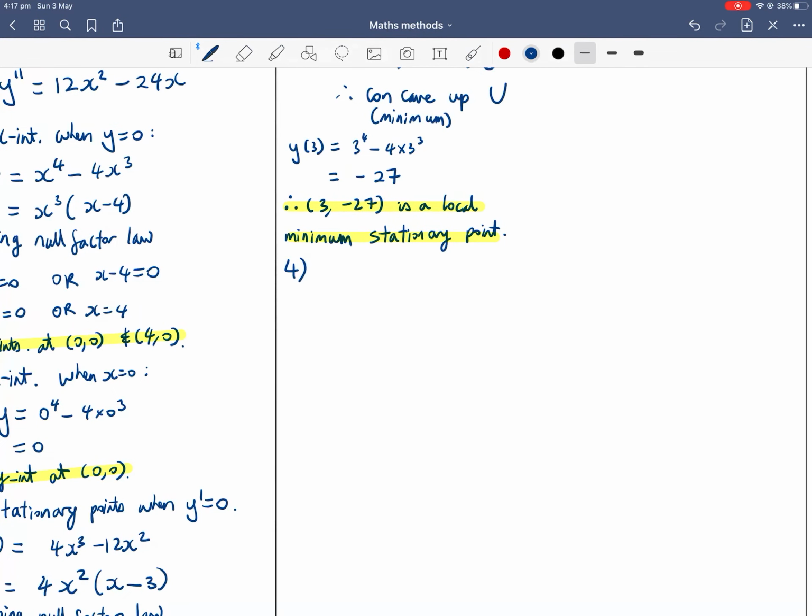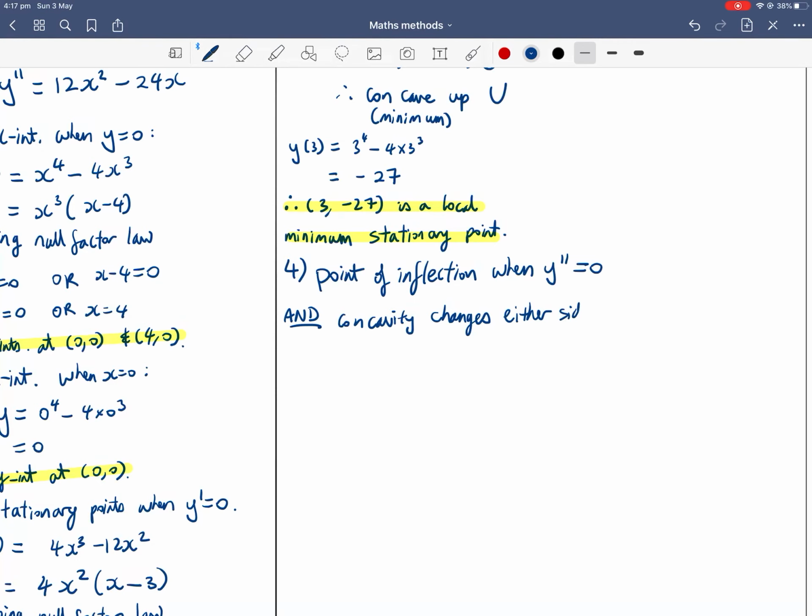So step 4, point of inflection: when y dash dash equals 0, and you have a change in concavity, or your y dash dash changes either side. So the sign of y dash dash changes left and right.